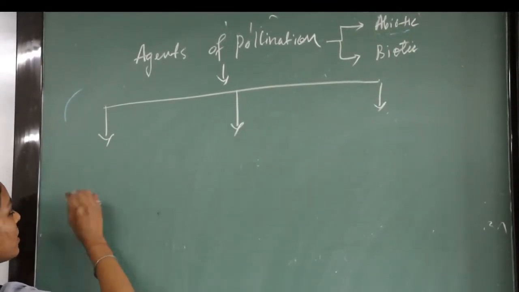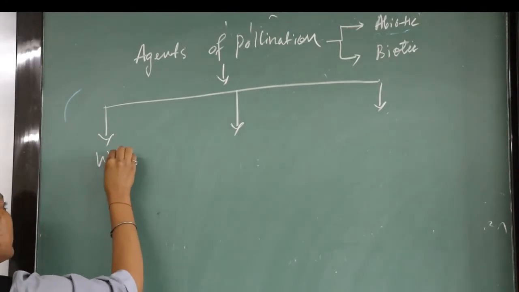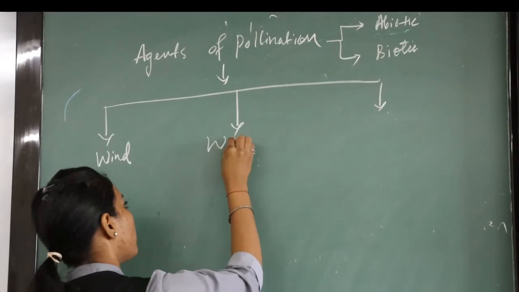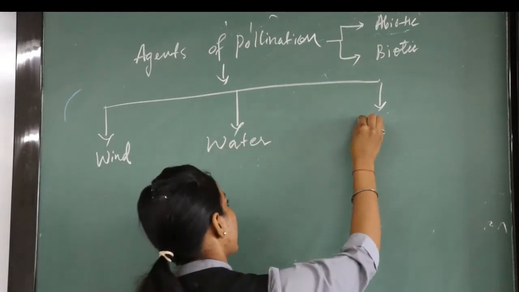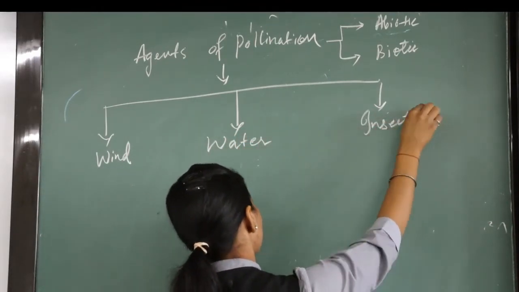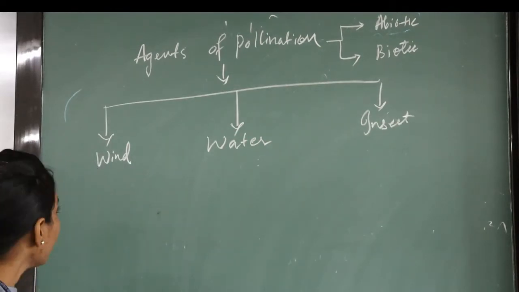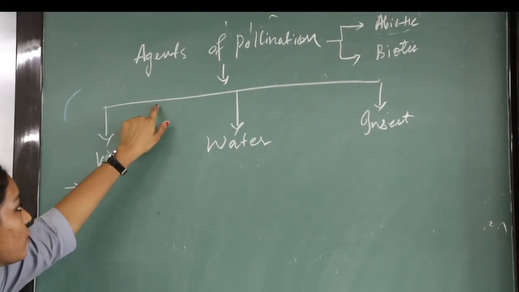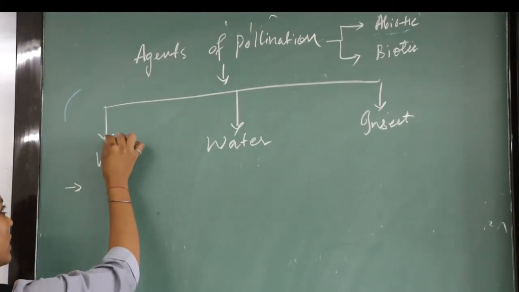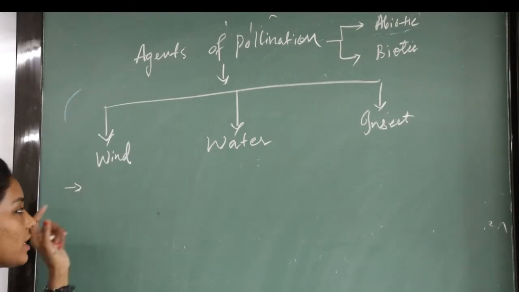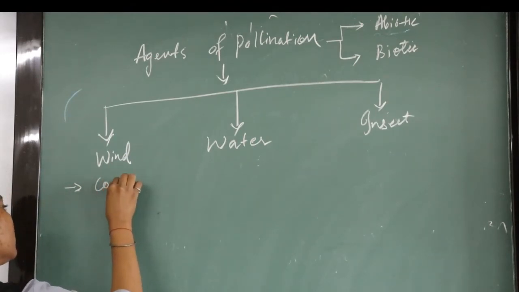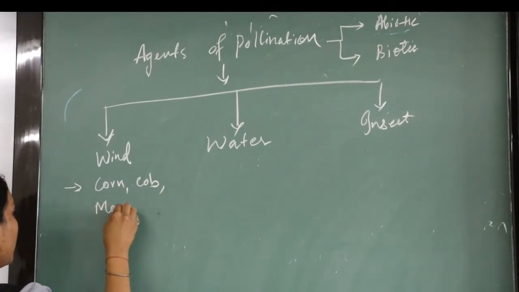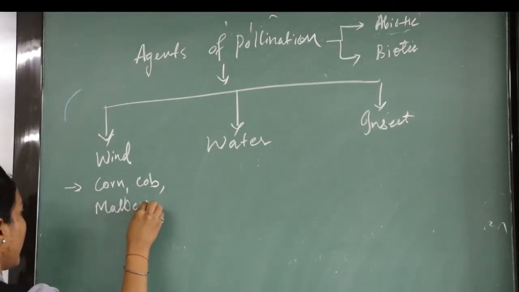In this we will first see agents of pollination in the form of wind, water and insect, along with their characteristics. Wind pollination is mainly seen in corn cob, mulberry and coconut.